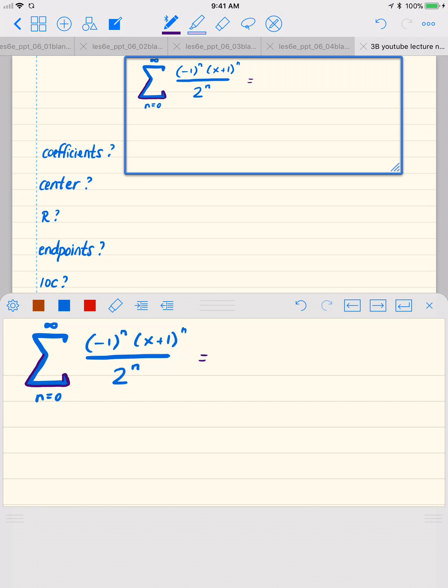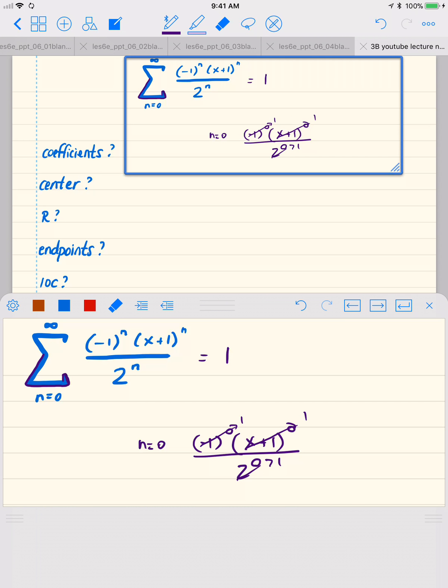So when n equals 0, I'll have negative 1 to the 0, x plus 1 to the 0 over 2 to the 0. And that's just going to be 1, because everything is going to be 1, right? 1, 1. So we'll just have 1.